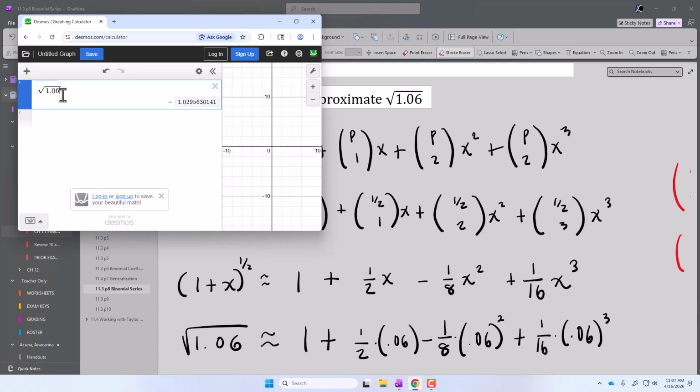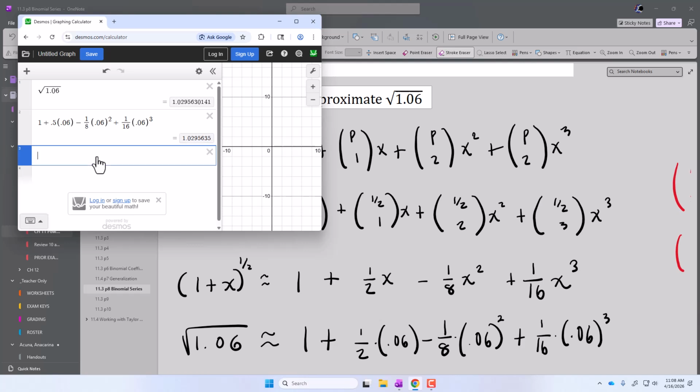So this is a very good approximation, and then our binomial approximation is going to be, so I don't think we're going to be quite at the same. 0.06 squared. Okay, so there is our approximation.